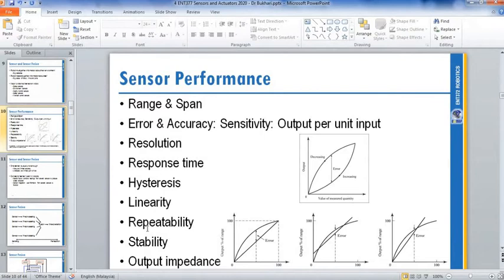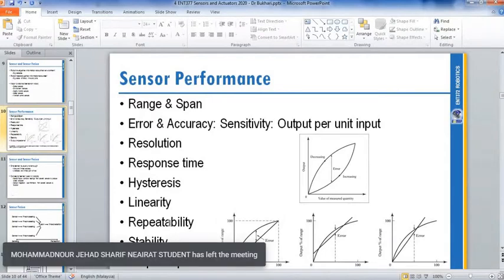Repeatability compared to accuracy. Accurate means the reading you get from your sensor is accurate. So if a temperature sensor measures 10 degrees, it's really 10 degrees. That one is accurate. Repeatability means if you turn off the sensor, then turn it on again, you still get 10 degrees.